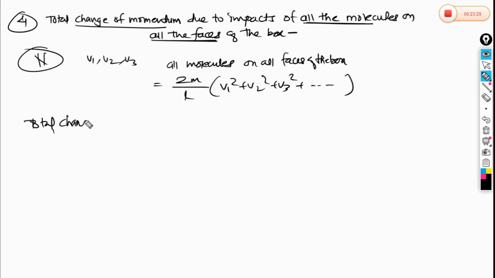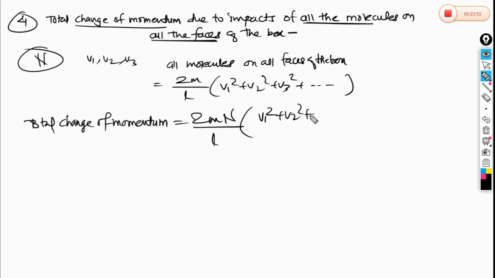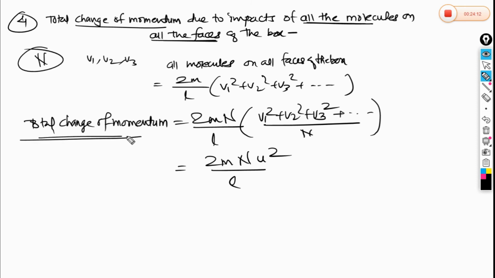The total change of momentum is equal to 2mn divided by L into bracket v1 square plus v2 square plus v3 square plus so on divided by n, which is equal to 2mn u square divided by L. So this is the total change of momentum of all the molecules and on all the faces of the box, where u square is the mean square velocity.